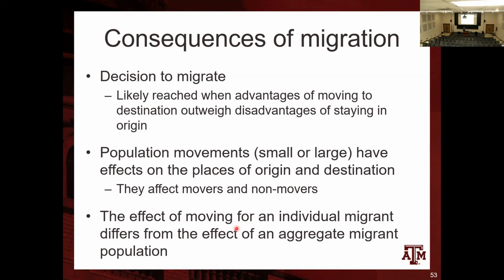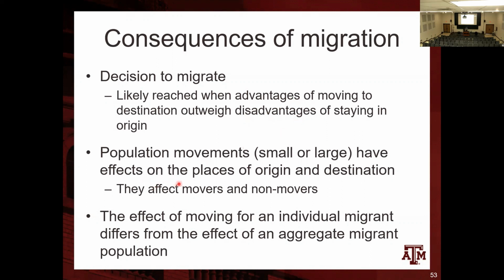But also migration, after it happens, has consequences for the society. The decision to migrate is likely reached when the advantages of moving to the destination outweigh the disadvantages of staying in the origin. That is the discussion that I had with you in the previous class about the costs and benefits of migrating.